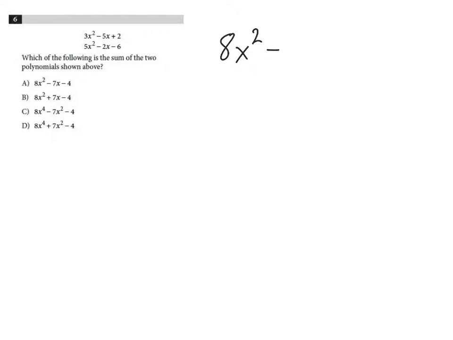That means we're going to have a total of negative 7x. Okay, and then we're going to add the constants. 2 plus negative 6 is negative 4. So 8x squared minus 7x minus 4. A will be our answer. Okay.